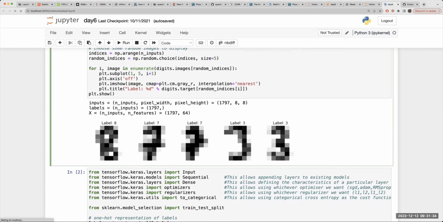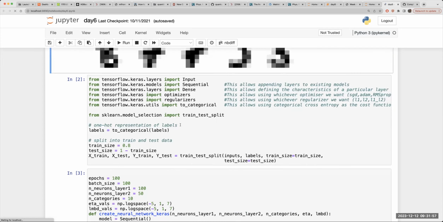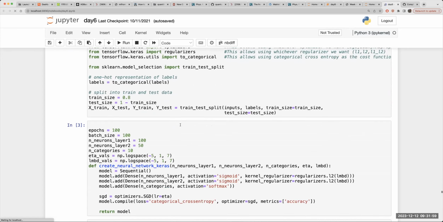It has 64 pixels, 8 times 8. This is the way the data set looks like. And then we transform that one into a design matrix, where we now have 64 input nodes, one for each image. And in total, we have 1,800. And then we split it in train and test, as we did.